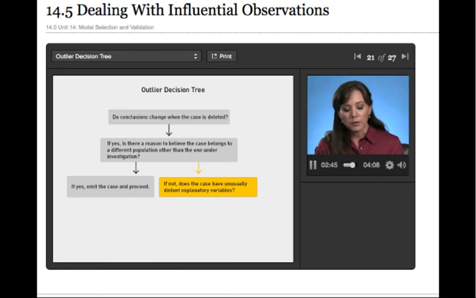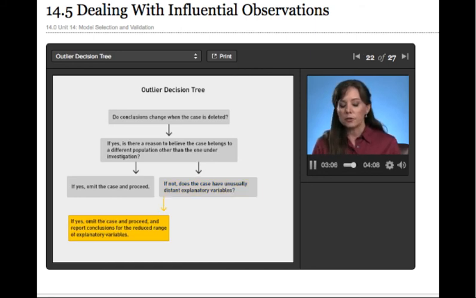If not, if you can't justify the case belonging to a different population, meaning that it's so different that we would expect that the population under study would never produce a case that large or that small, then we need to ask ourselves, does the case have unusually distant explanatory variables?